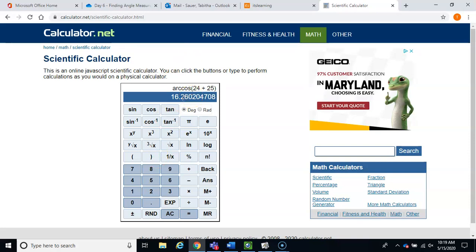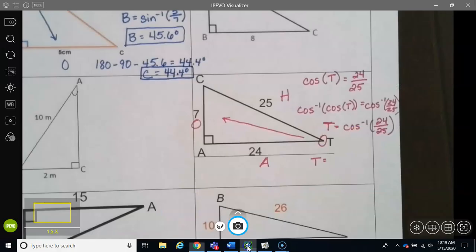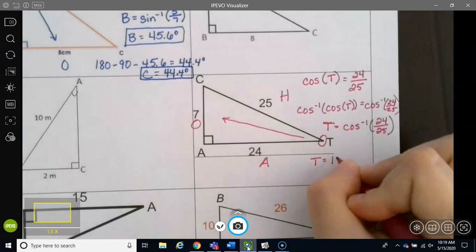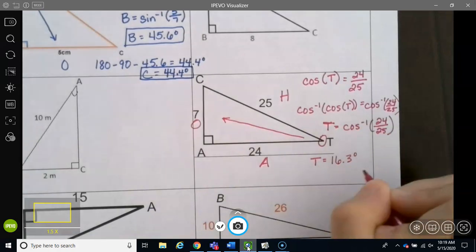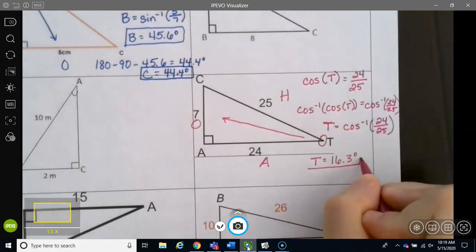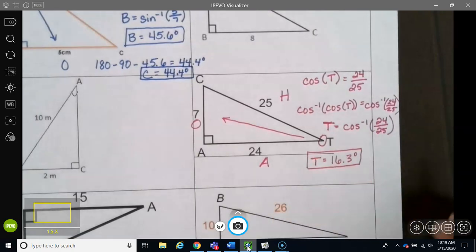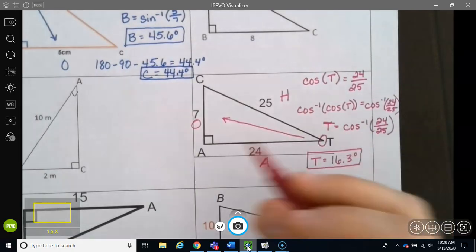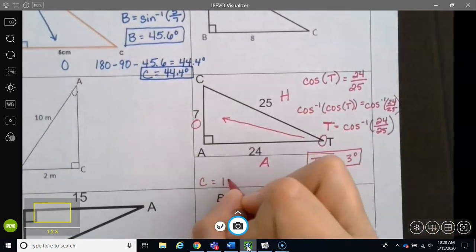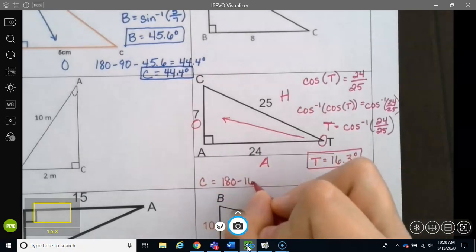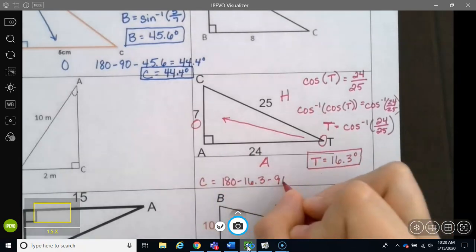So that 2 actually becomes a 3 because that 6 bumps it up 1. Remember, if that number to the right of it is 5 or greater, it bumps it up. So it'll be 16.3 degrees. So angle T is 16.3. Then we can find angle C by just taking 180 minus 16.3 minus 90.